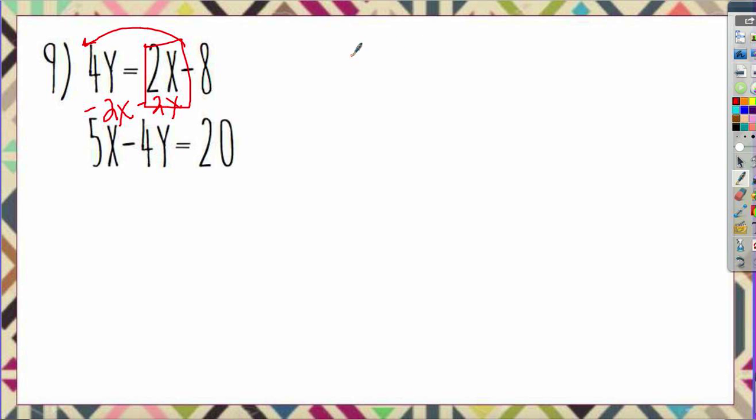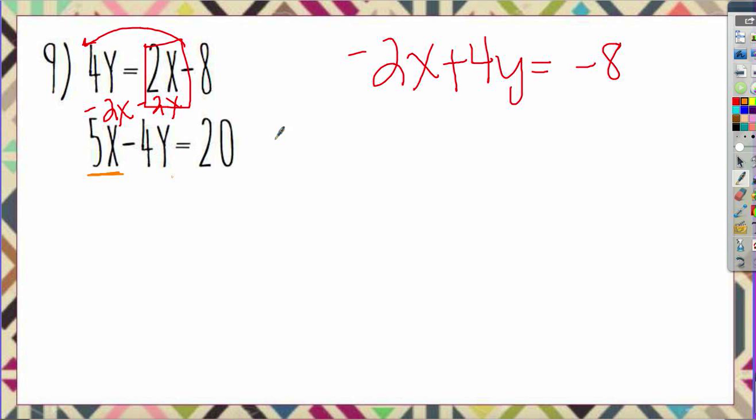So I've got a negative 2x plus 4y equals negative 8. The reason I wrote it that way is because the x is in front in the other equation, so I'm going ahead and putting the x in front in my first equation. So the other equation is 5x minus 4y equals 20.